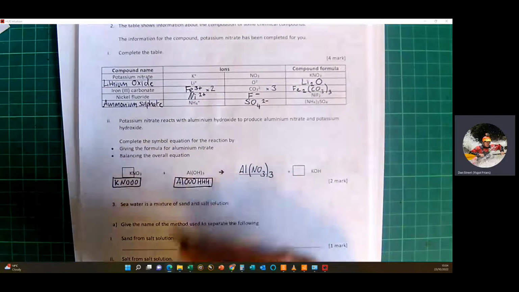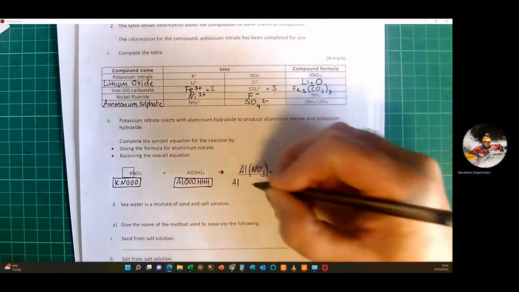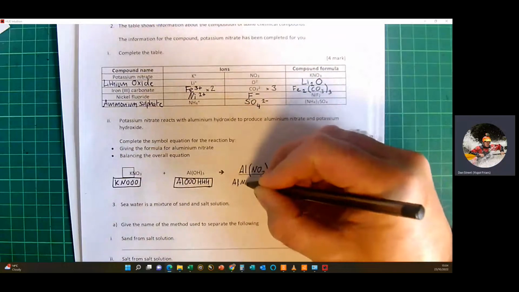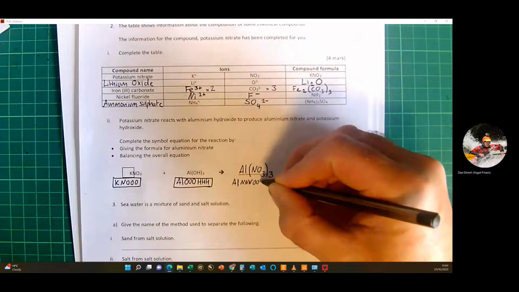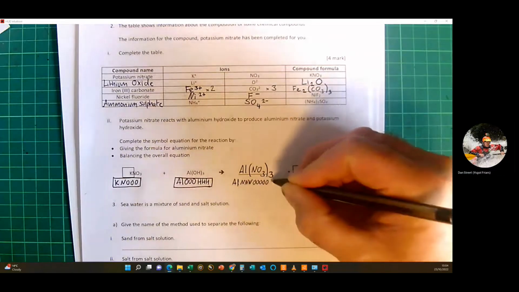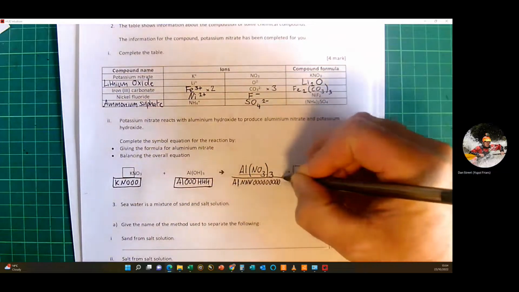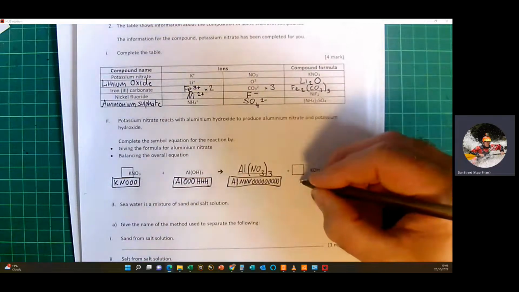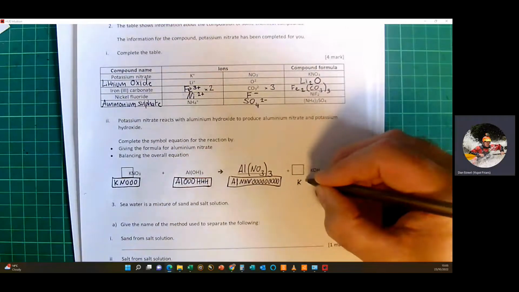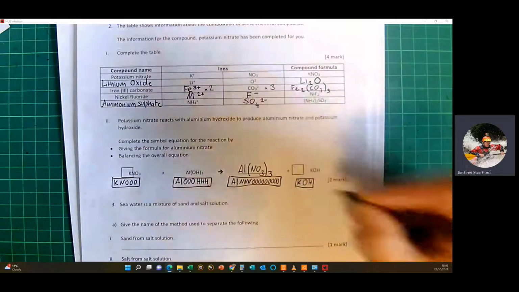If we expand the brackets, and then this one's a bit of a monster, we've got an aluminium, and then we've got 3 nitrogens and 9 oxygens. Put a box around that. And then KOH is 1 K and 1 O and 1 H. Okay, quite straightforward, that one.